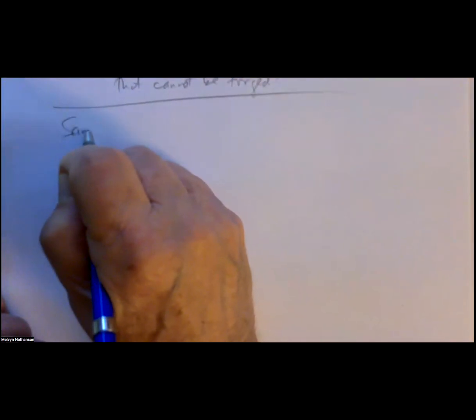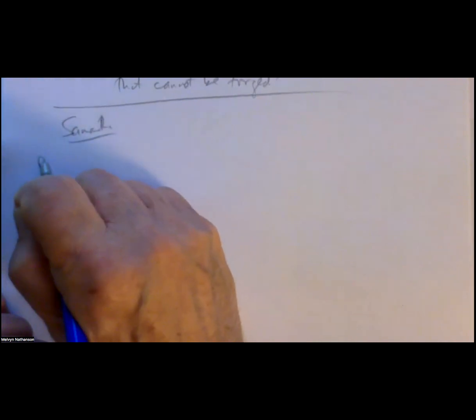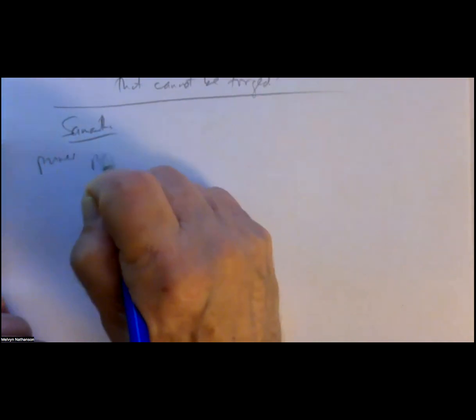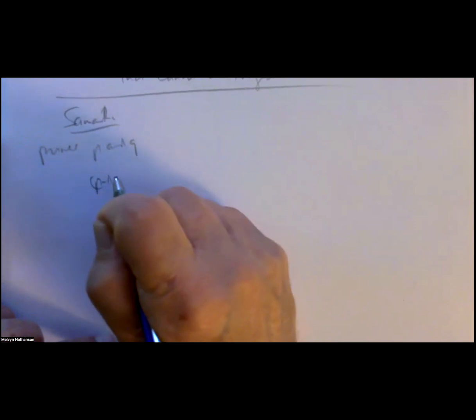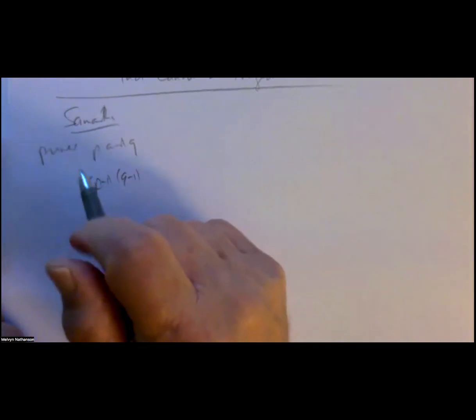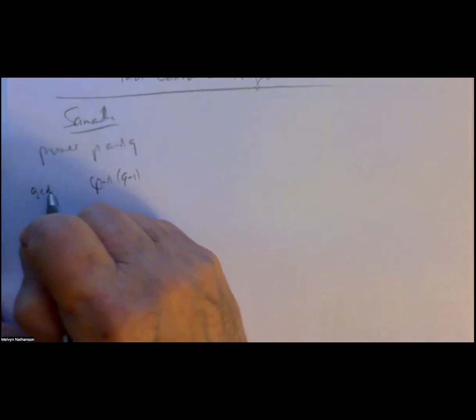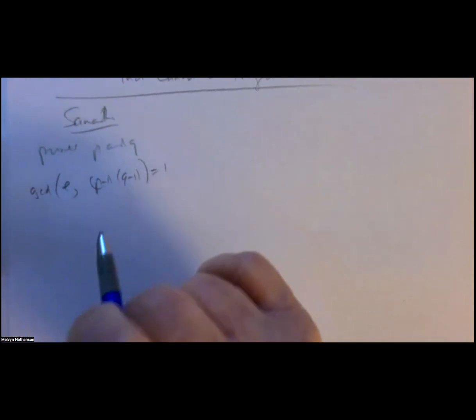So she wants to send something that says signed by Samantha. So what does Samantha do? She chooses primes P and Q. And because she knows P and Q, she knows P minus 1 and Q minus 1. She can multiply them, and she can choose a number E where the greatest common divisor of E and (P minus 1)(Q minus 1) is equal to 1.